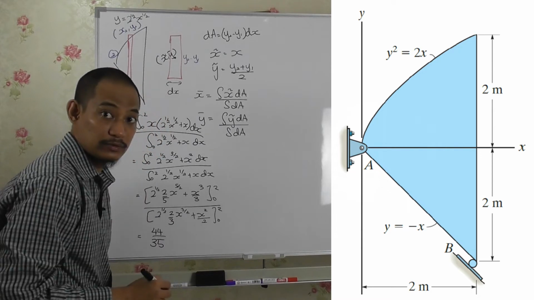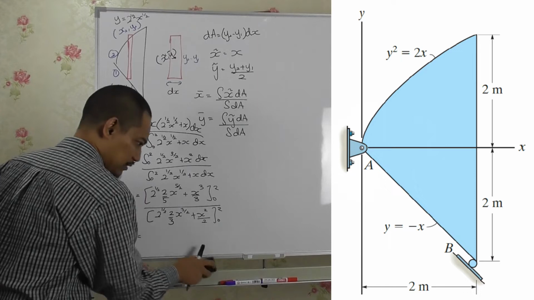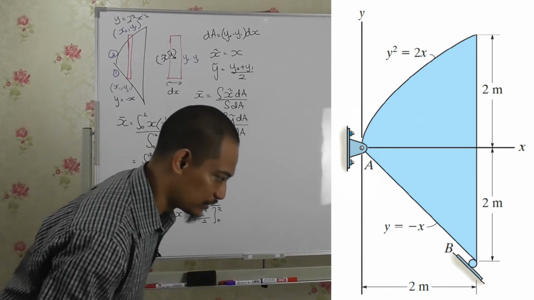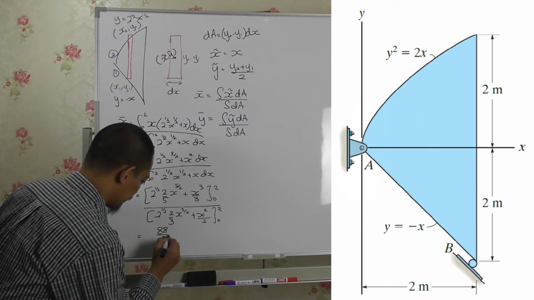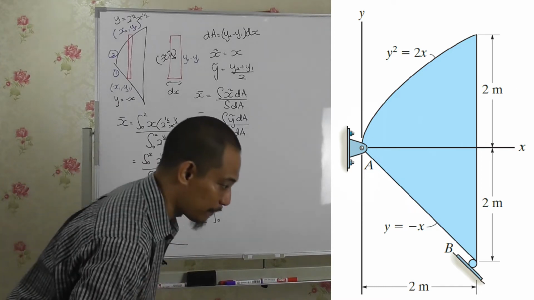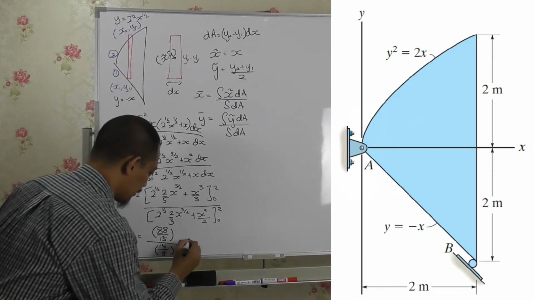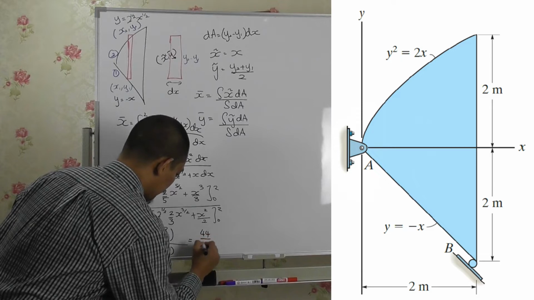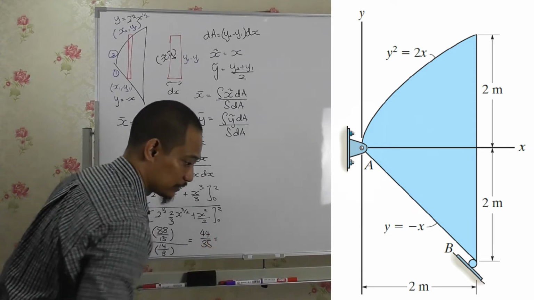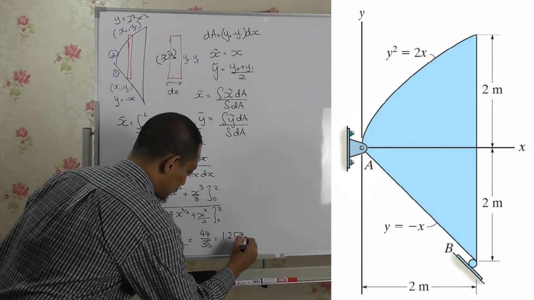Okay, I'll show you the step before I divide that. It's basically 88 over 15 divided by 14 over 3. Hence you'll get 44 over 35, which is equivalent to 1.257 meter.